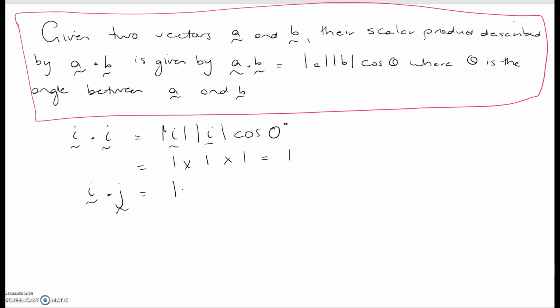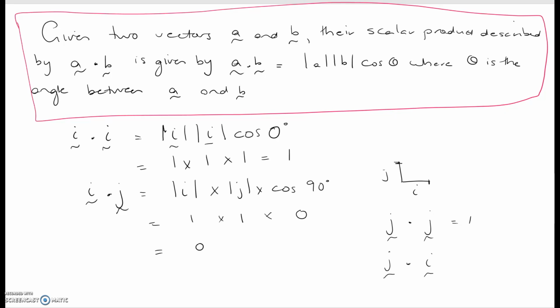Now that's going to be the length of i, which is 1, times the length of j, which is 1, times cosine of 90, because that's the angle between them, that's i and that's j, and they're each a unit long, and the cosine of 90 is 0, so i dot j is 0, and further we could say that j dot j is equal to 1 and j dot i is also equal to 0 by the same proof.